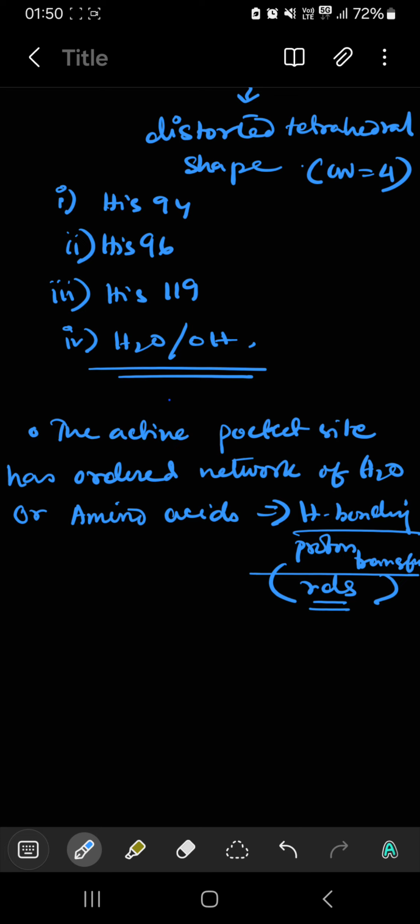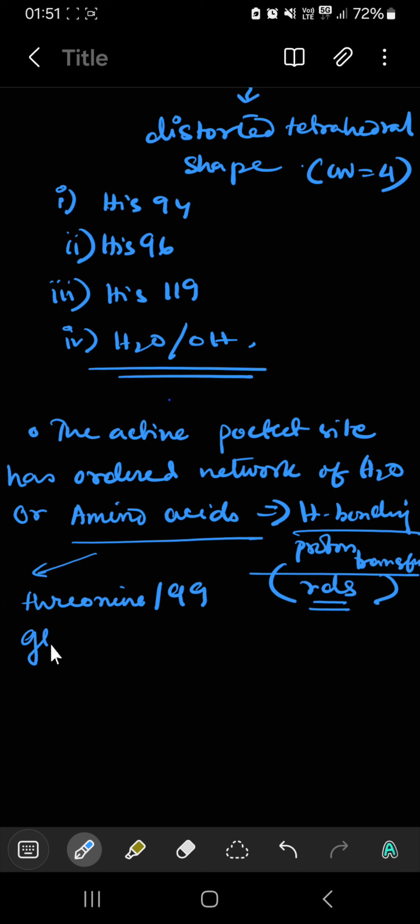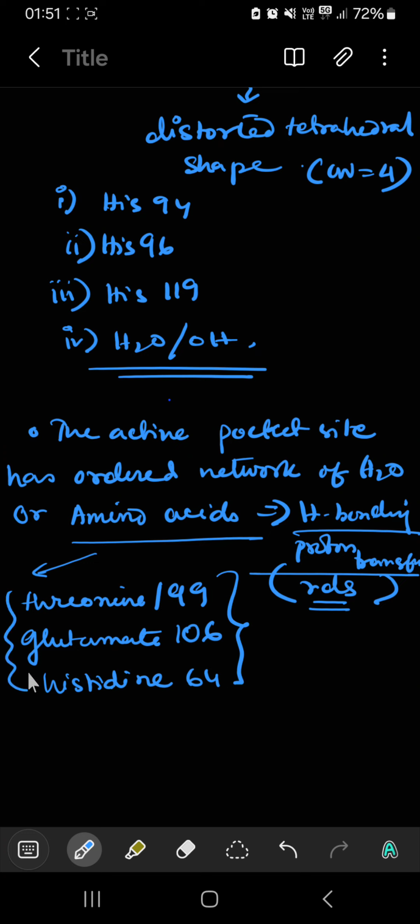The amino acids present are threonine 199, glutamate 106, or histidine 64. They play a very important role in the proton transfer, which is the RDS of the entire catalytic cycle.